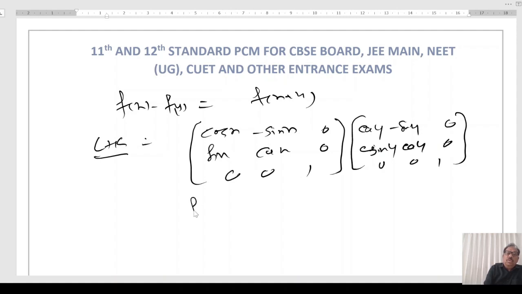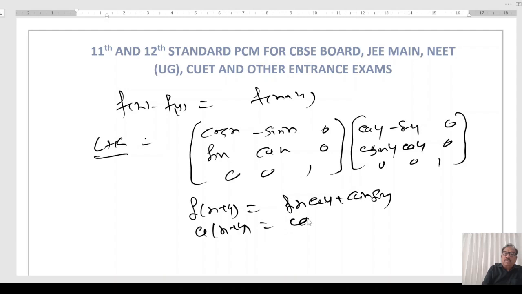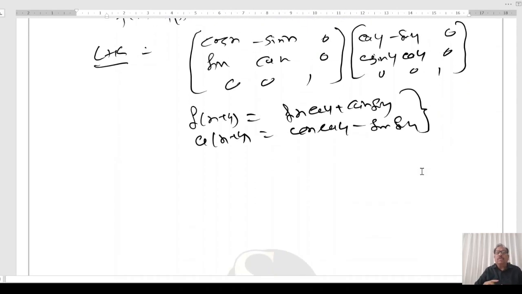Now you know sin of x plus y is sin x cos y plus cos x sin y, and cos of x plus y is cos x cos y minus sin x sin y. Using these two formulas, we will solve it.